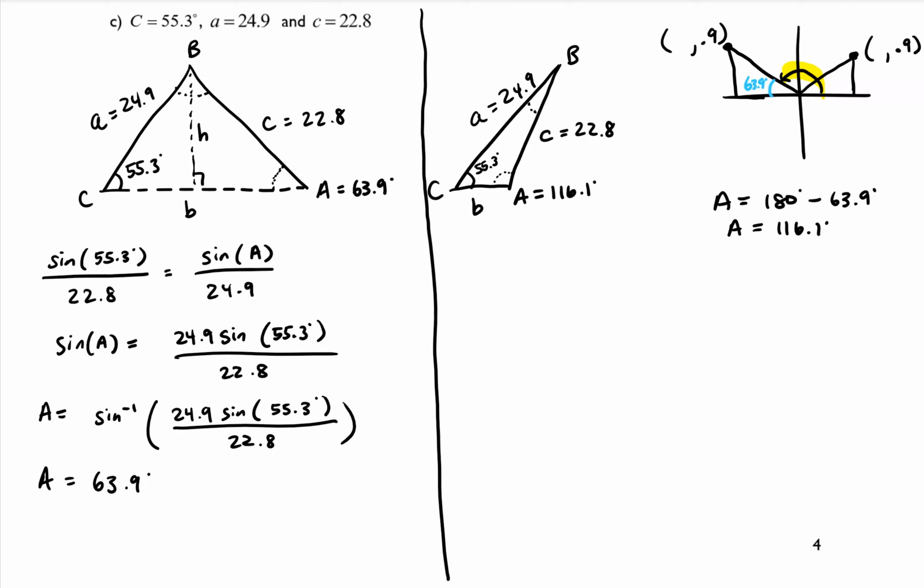All right, so now in our first triangle, we can figure out angle B by using the fact that the sum of the angles of a triangle is 180 degrees. So we could do 180 minus 63.9 degrees plus 55.3 degrees.